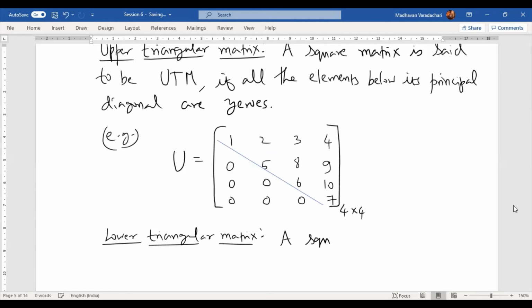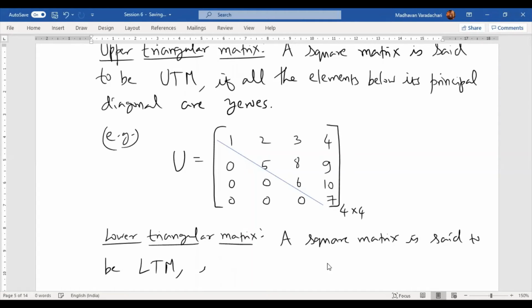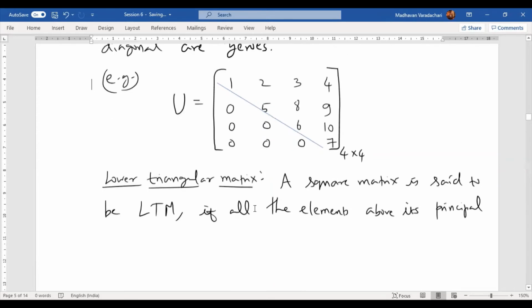A square matrix is said to be lower triangular matrix if all the elements above its principal diagonal are zeros.